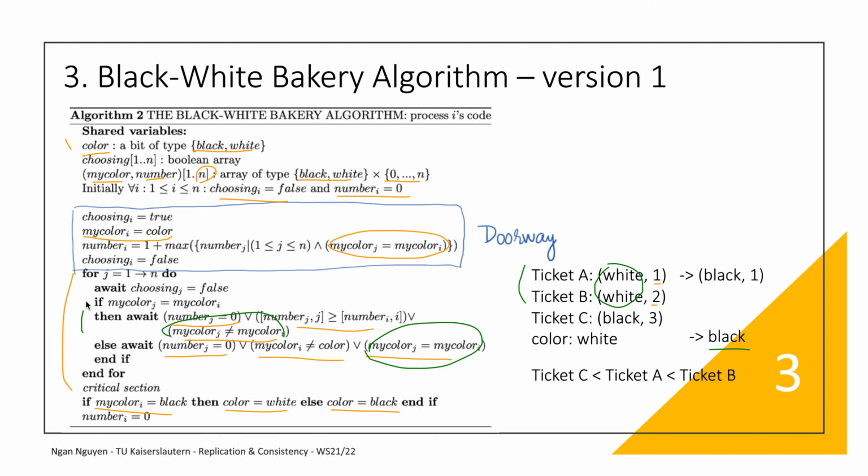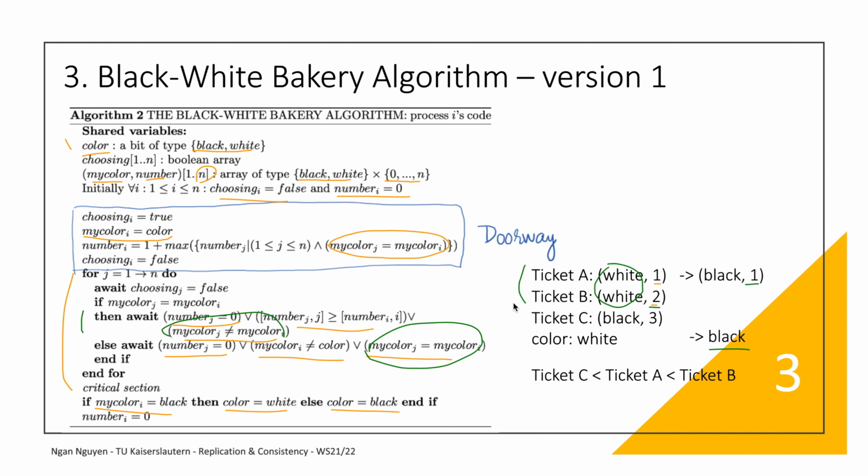It never gets back to check the color again, it just keeps looping in this condition. And now ticket B sees that its number value is higher than the number value of ticket A, so it considers that ticket A has higher priority and waits for ticket A to enter the critical section first.